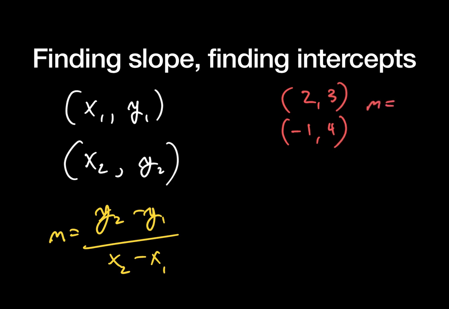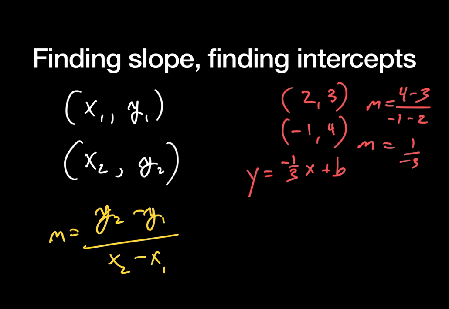The slope will be y2 minus y1, 4 minus 3, over x2 minus x1, negative 1 minus 2. So that will be 1 over negative 3. So my slope is negative 1/3. So there's my slope-intercept form.